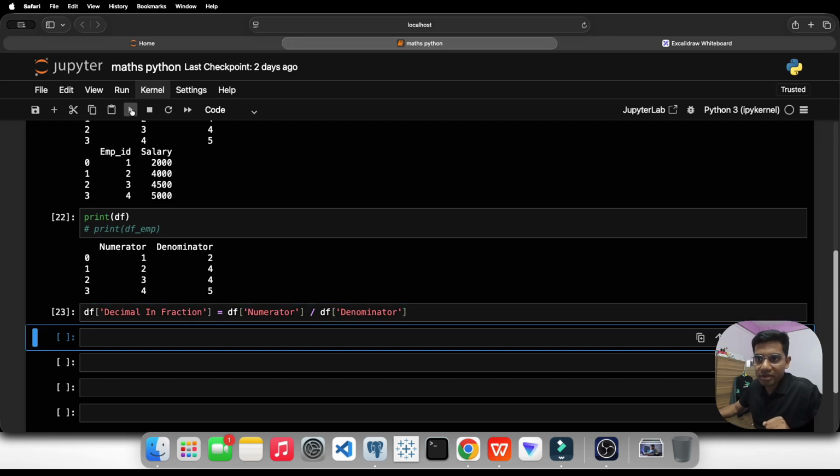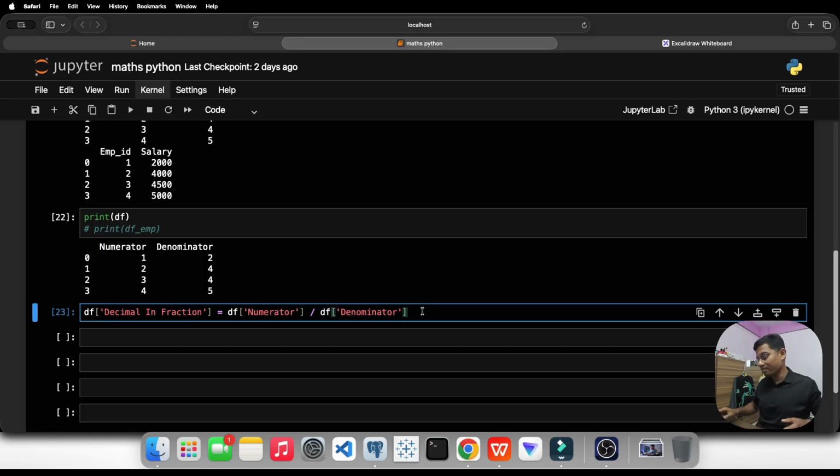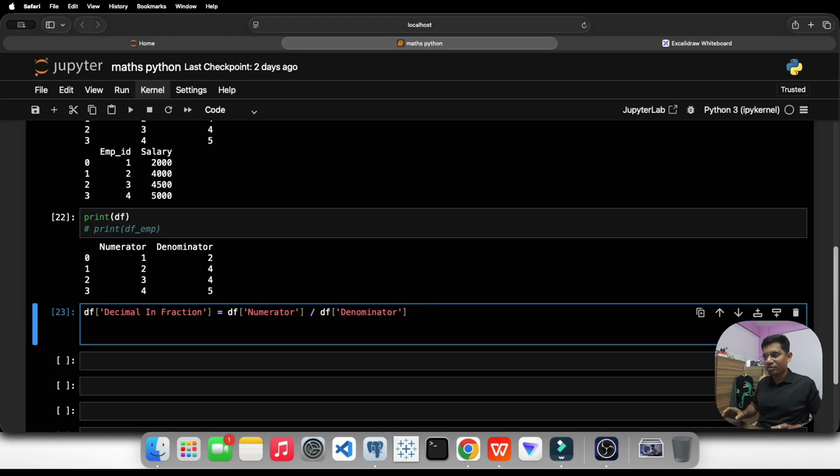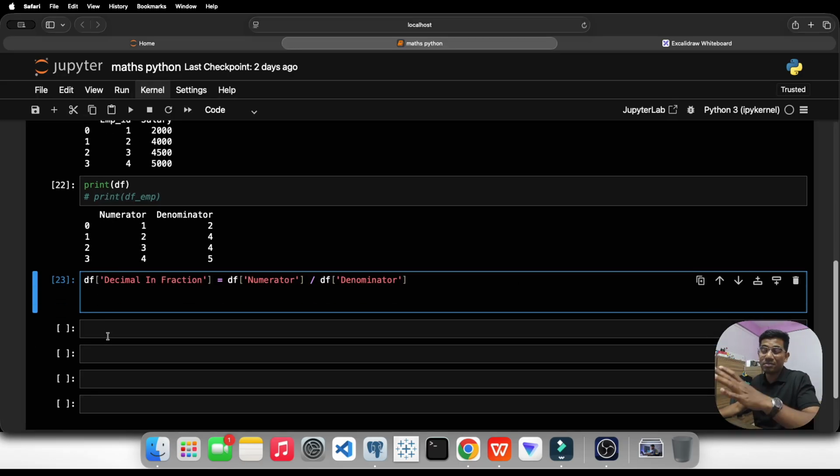And let's execute it. Once you have executed, no error means it is a success. I mean to say, no error means there is no error in the command that you have given in Python. But how will you print it? If I just ask you, I just want this fraction part in a decimal way, only that part, how will you write?